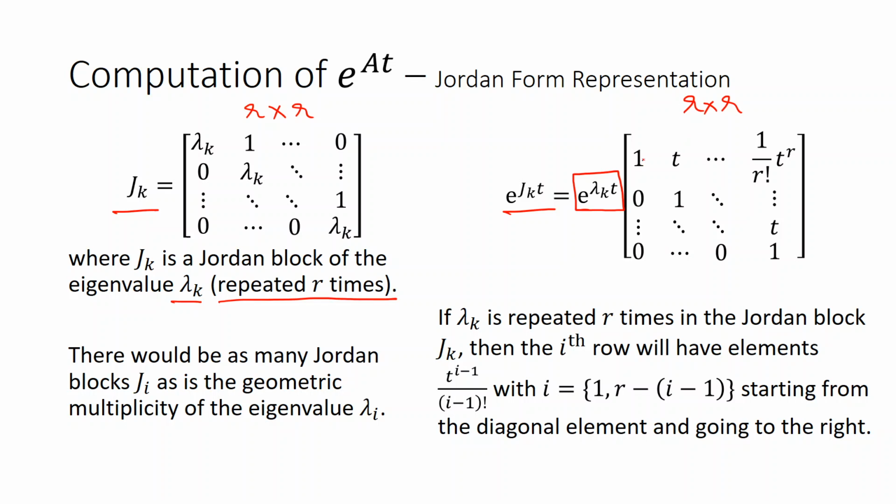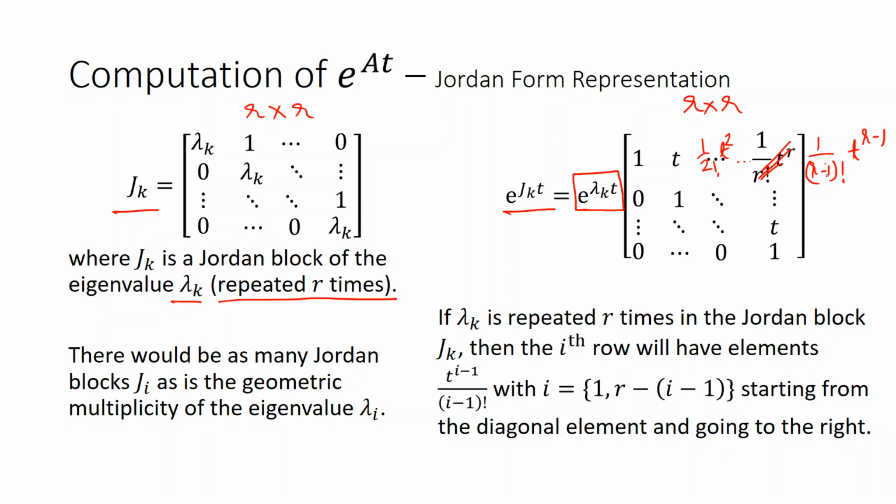And what you have here is 1, then t, then you extend this to t square by 2 factorial, and likewise you go on till r minus 1, because there are r number of terms here. So this would not be r, this would be r minus 1.